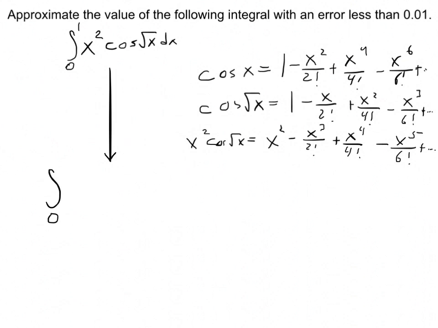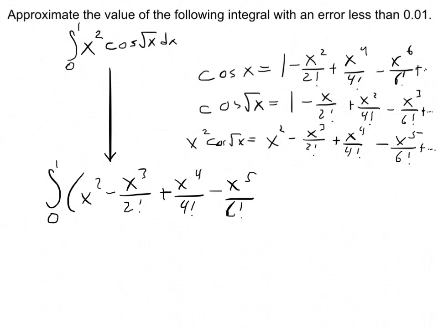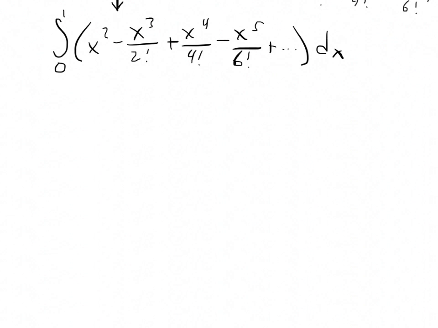I now have the integral from 0 to 1 of x squared minus x cubed over 2 factorial plus x to the 4th over 4 factorial minus x to the 5th over 6 factorial, and so on. And so now I just evaluate this thing, right? This will be 1/3 x cubed minus, let's see, and I'm going to start converting these factorials into actual numbers.